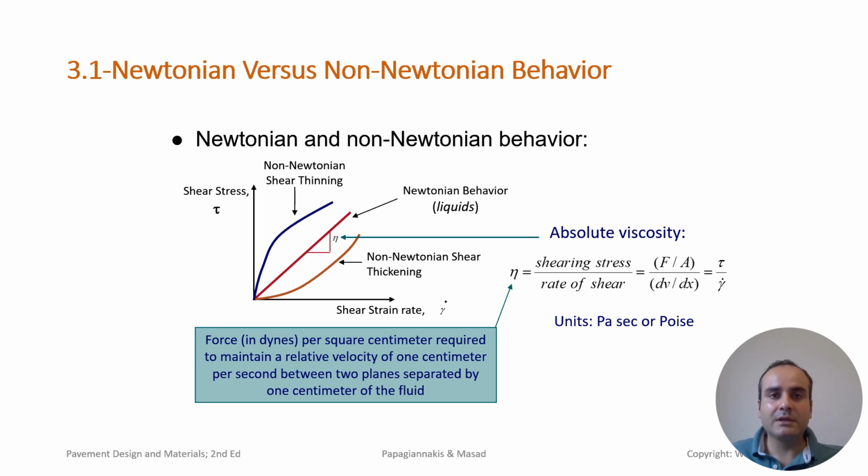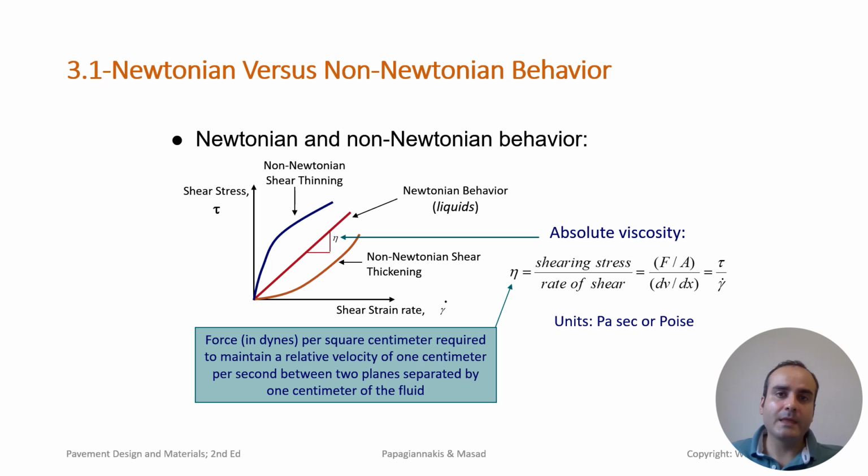In asphalt, we see non-Newtonian behavior at lower temperatures, which means that as the shear stress increases, the viscosity changes. This is important when designing pavements as we need to account for this behavior to predict how the pavement will deform over time.